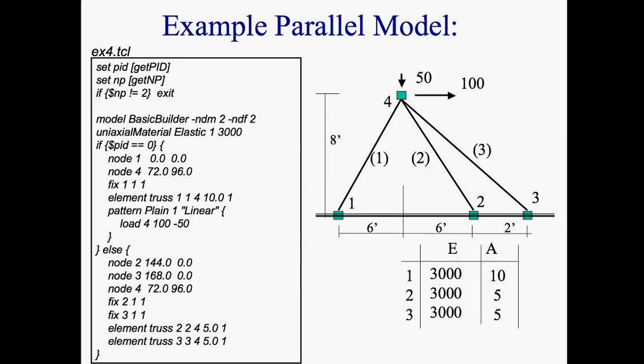If I redefine the load pattern, I would get double the displacements, because I'd have basically applied a load of 200 in the x direction and negative 100 in the y direction to the model. Because node 4 is on both processors, the important thing is you only apply the load once, you do not apply it twice, otherwise it's counted twice.